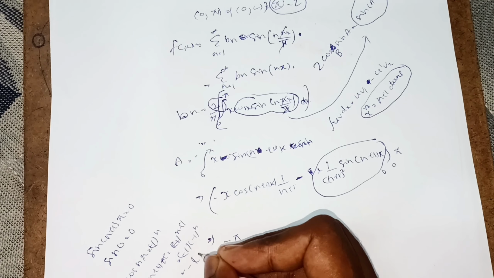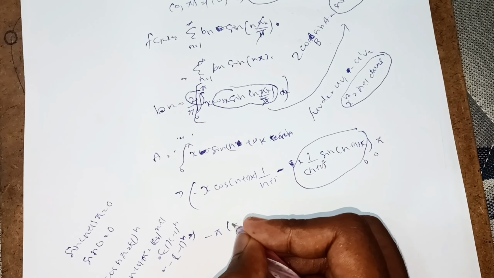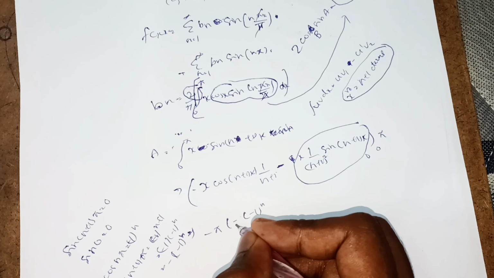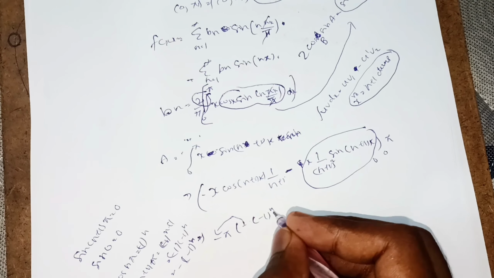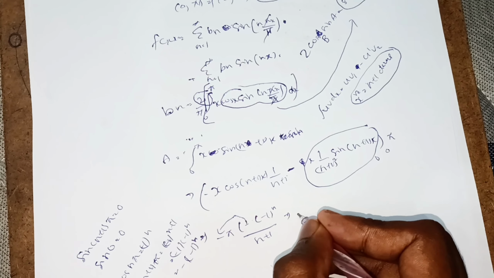So minus of minus 1 whole power n, by n plus 1. Minus into minus will become plus. So here is the first expression.